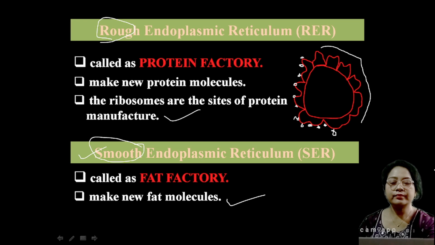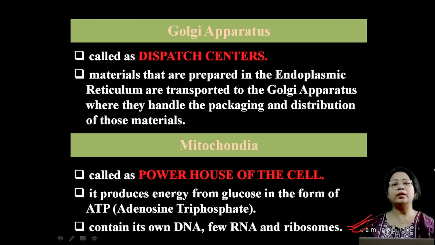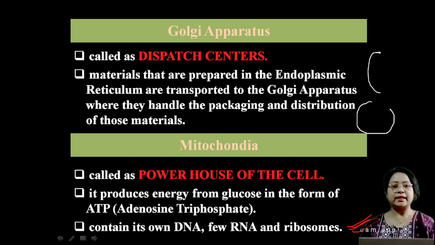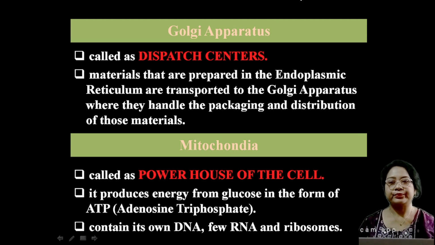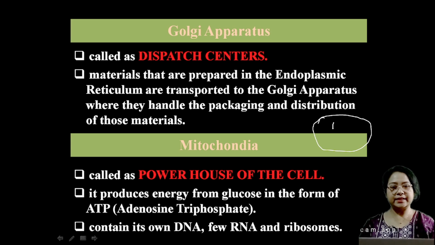Okay, and then comes the next one, the Golgi apparatus. Suppose this is the cell, here is the nucleus, and where will the Golgi apparatus be?